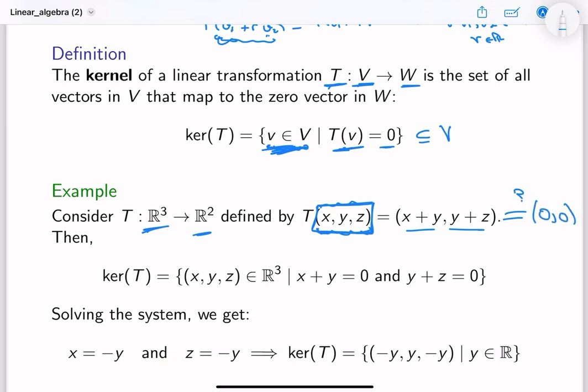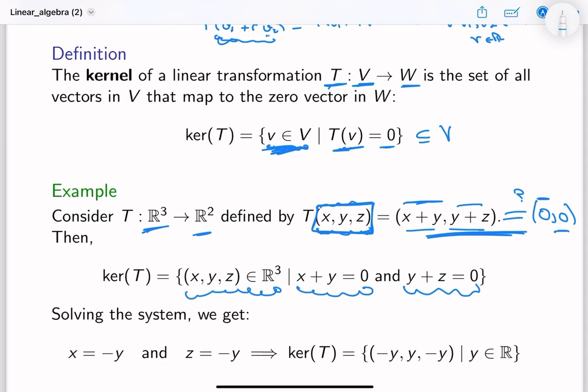So what is the vector x, y, z if the output is 0? This equality tells us that it's the set of all vectors in R3 that have the property that x plus y is 0 and y plus z is 0, and we see this from comparing these two.